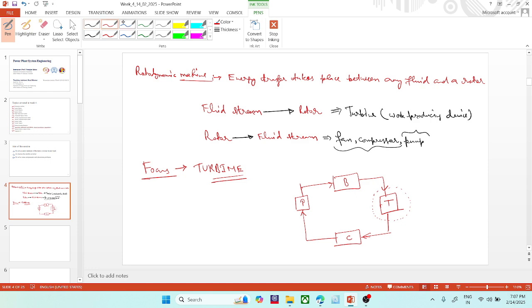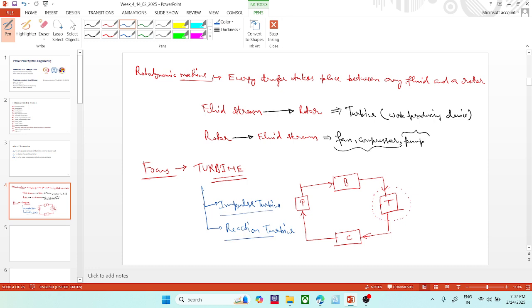So in steam power plants, these turbines could be the impulse turbine and the reaction turbine.